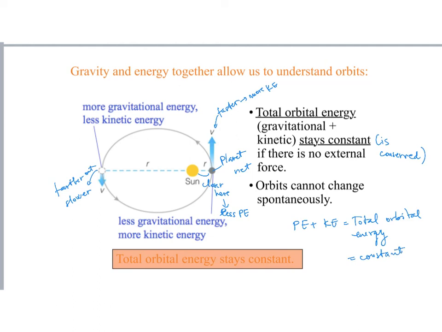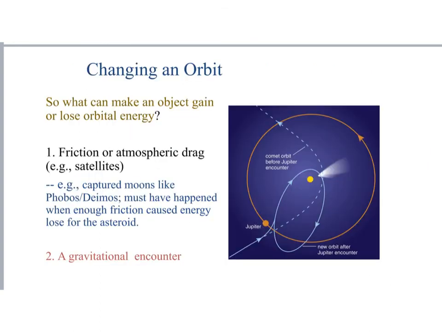So if the kinetic energy is larger, then the potential energy will need to be smaller. If the potential energy is larger, then kinetic energy will get smaller. But the total orbital energy stays constant. And as long as that happens, the orbit cannot change spontaneously.